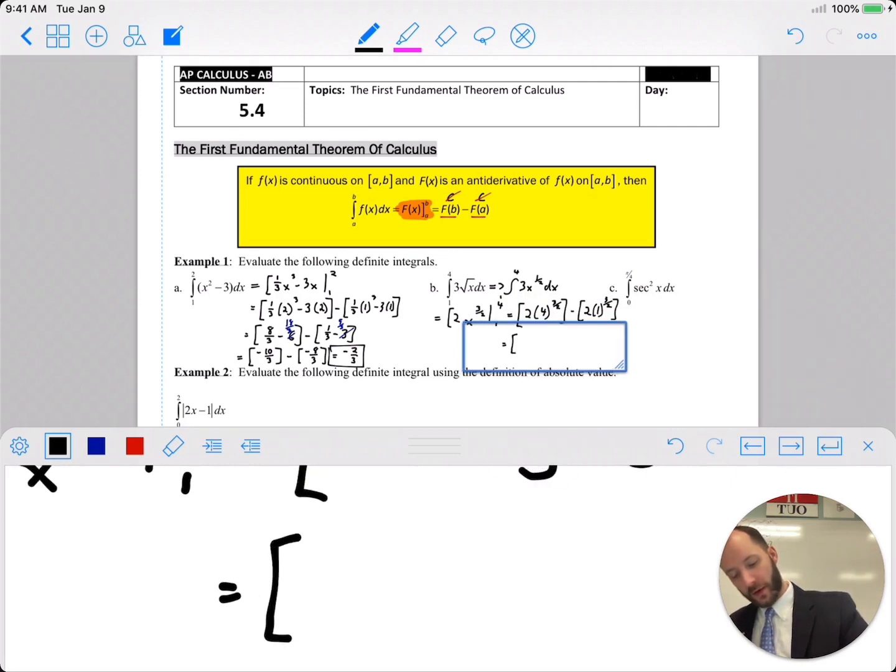Now when you evaluate fractional exponents, the numerator is a power and the denominator is a root. The power makes the number bigger, and the root makes it smaller.